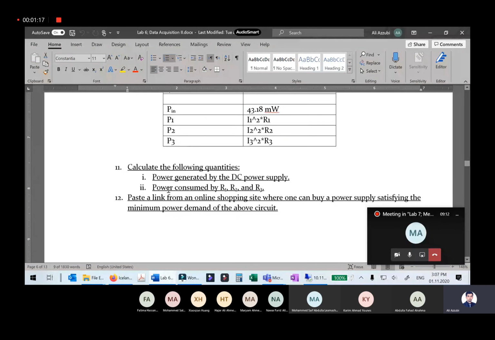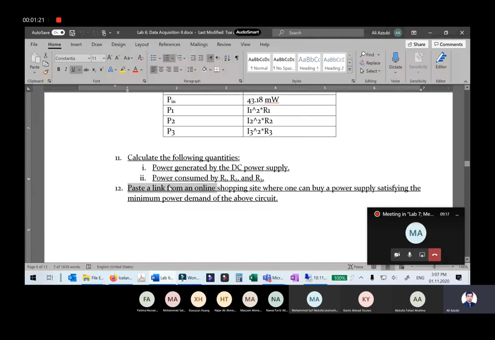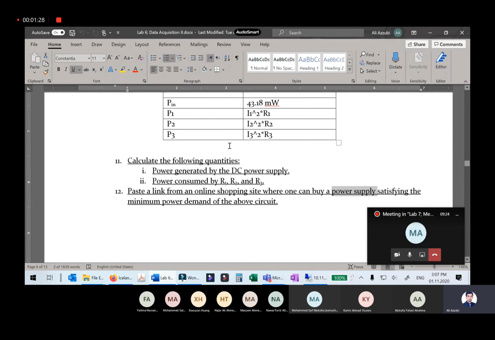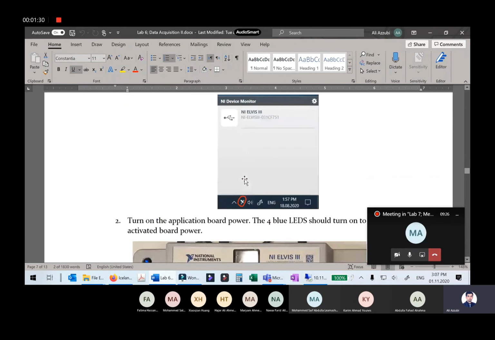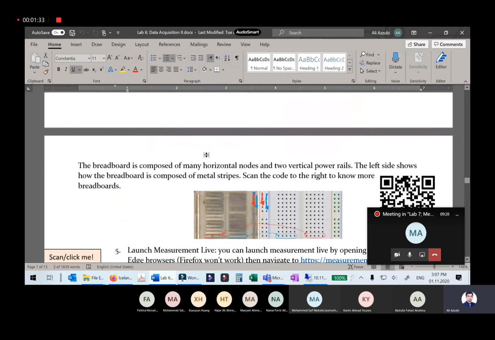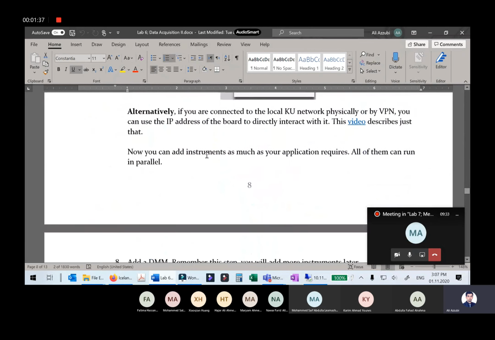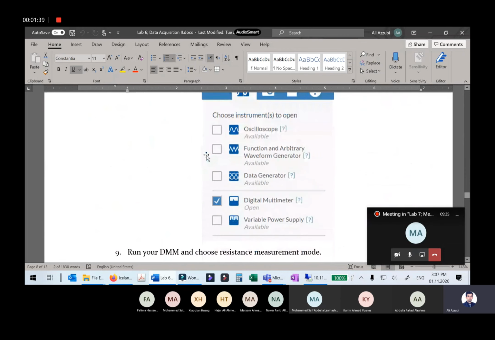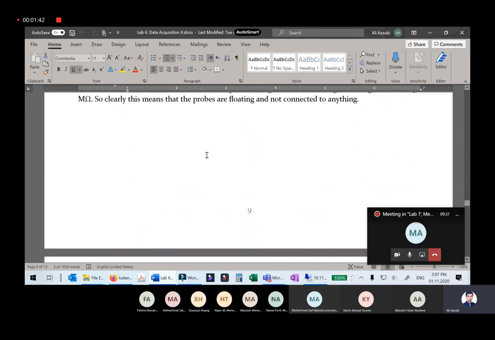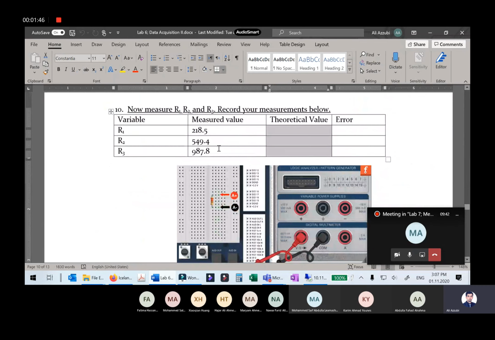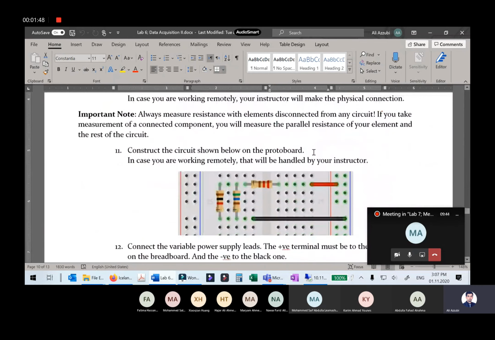Paste a link: you need to do a simple research online for a power supply that satisfies this power requirement. Experimental, we did this by video, so nothing to be done on your side except to analyze the results and compare with the simulation by filling in these calculations, finding the error.